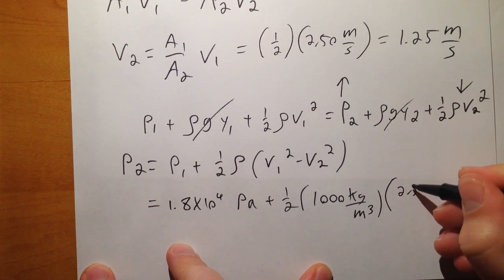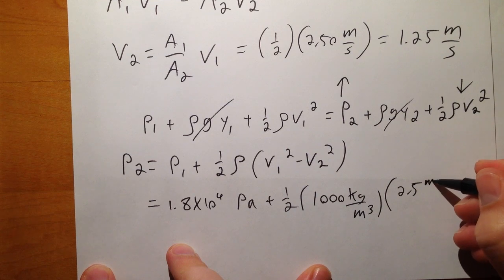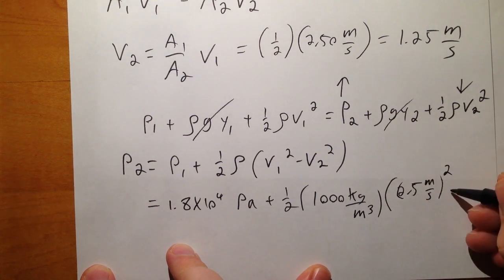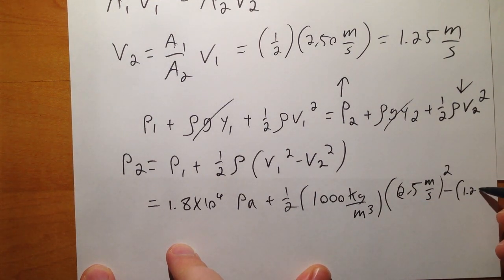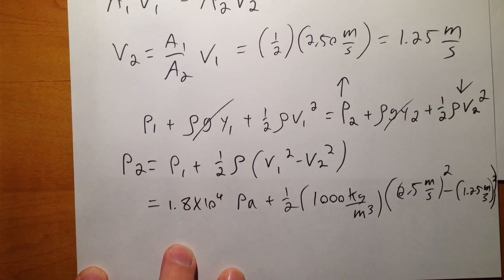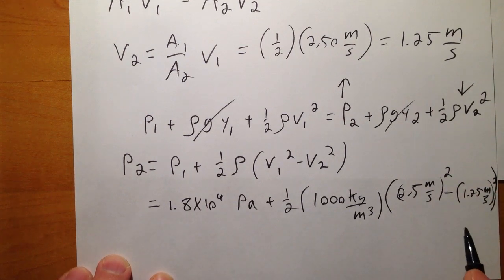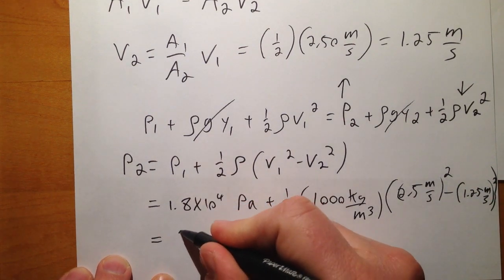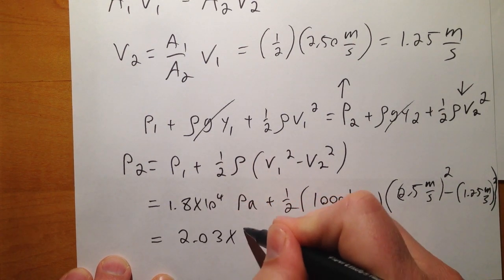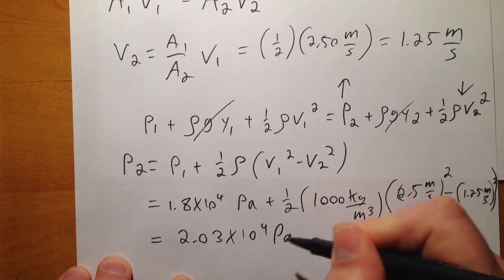And this is 2.5 meters per second squared, that was our initial velocity, minus 1.25 meters per second squared, which was our final velocity at point 2. And plugging this all in, I get that the answer is 2.03 times 10 to the 4th pascals.